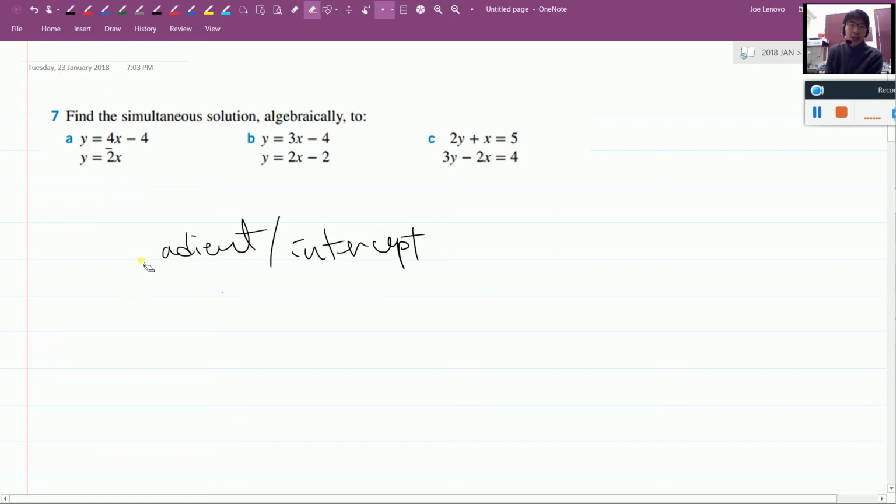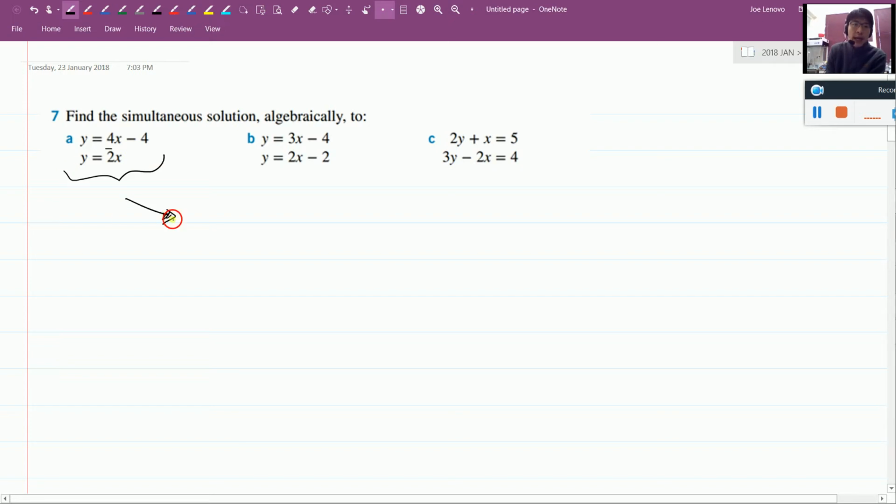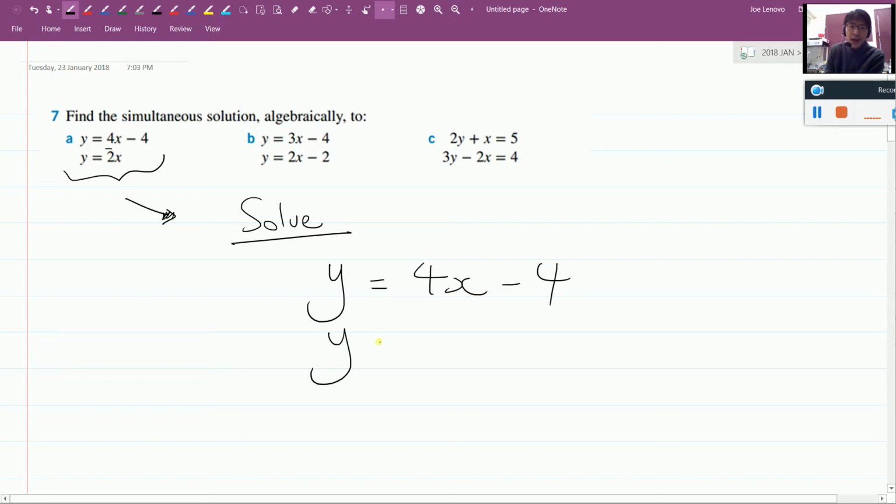If we've got both of them in slope and intercept form, simultaneous equations are way easier to solve. To solve it, we want y equals 4x minus 4 and y equals 2x. As the left hand sides can be subtracted from one another, y take away y equals 0.